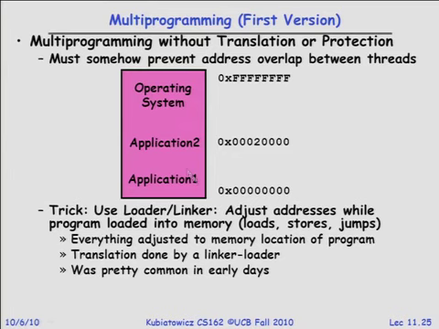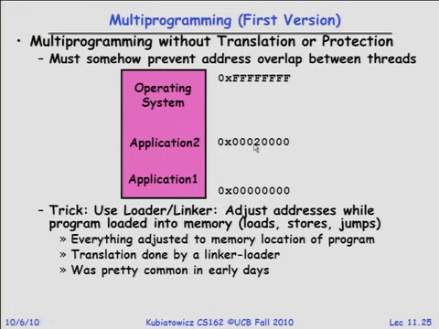What we're starting with is trying to get some sort of multiprogramming here, and the first thing we had to do is make sure our addresses don't overlap. Because if application 2 was also linked in a way that had to run from 0, then application 2 sitting up here isn't going to work.